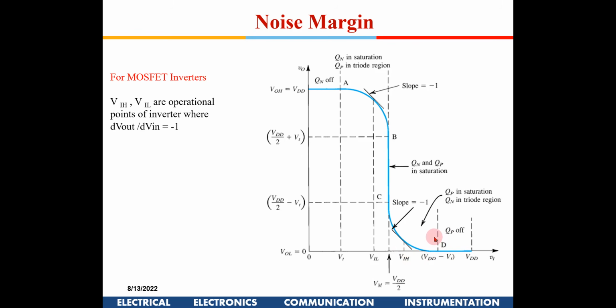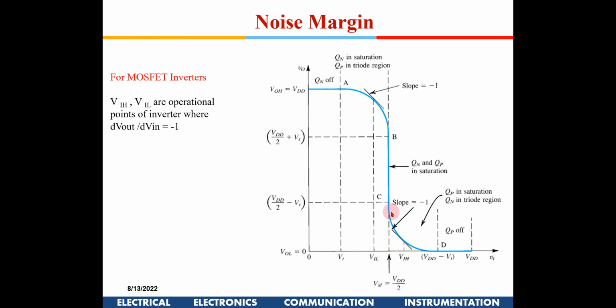This can handle that much noise, hence noise margin high. Similarly, the input ideally should be 0, but because of noise it can come up to VIL. So the greater the noise margins, the better for us, as it can tolerate that much noise.